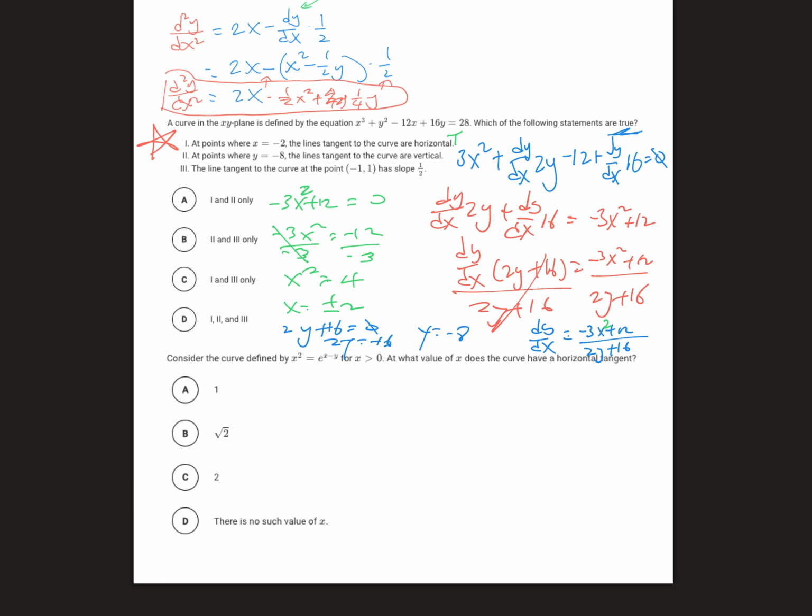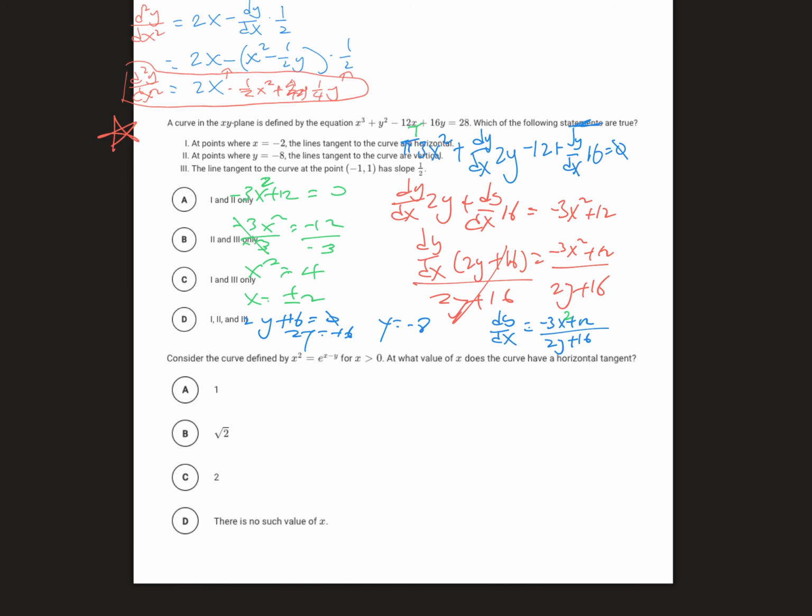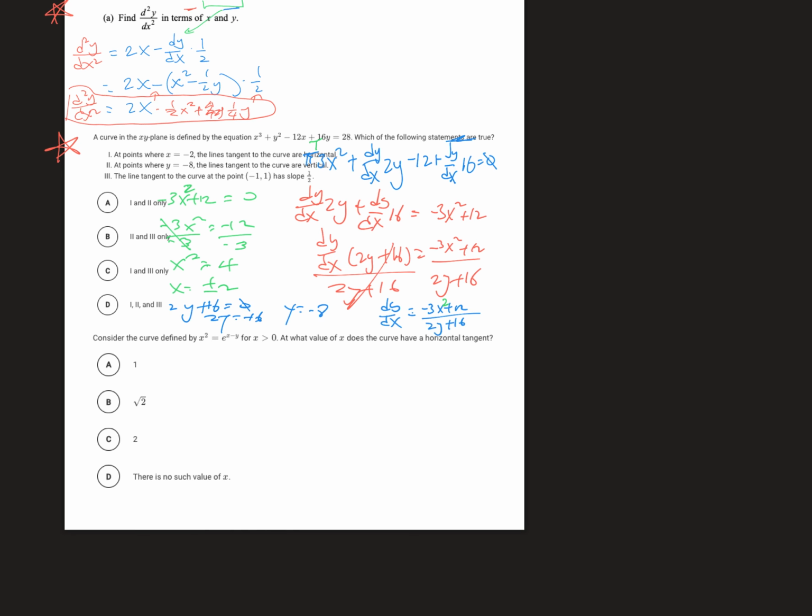So 2 is also true, because that makes the denominator of our derivative equal to 0. Check the third point. The line tangent to the curve at (-1, 1) has a slope of 1/2. This whole equation is the slope. If I plug in negative 1 for x and 1 for y, do I get 1/2? That's essentially what it's asking. I'm going to do the work on the side, so I have a little more room here. I'm just going to plug it in.